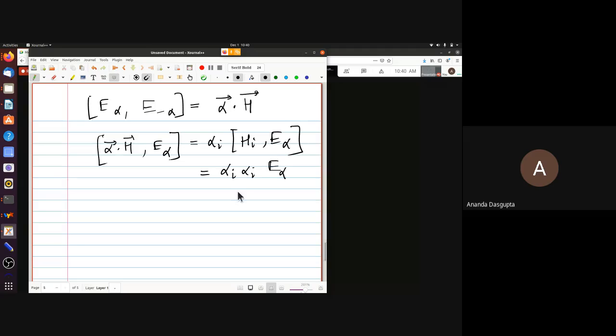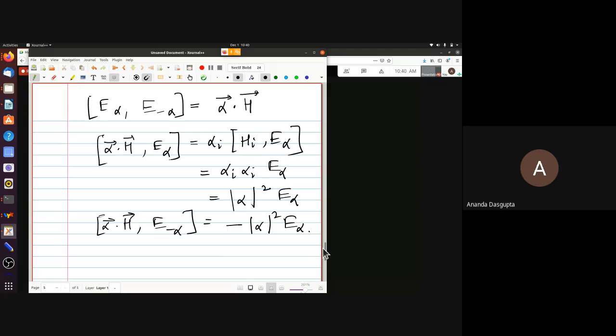And alpha dot H with E_minus alpha, very similarly, will come out with minus alpha vector square. Since I'm not using the arrow on top of alpha anyway, let's just use this notation. When you write alpha mod square, it's a vector whose length you're talking about. Is this okay?